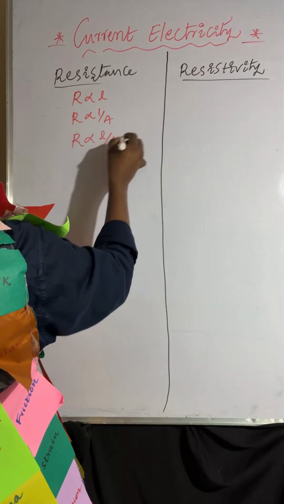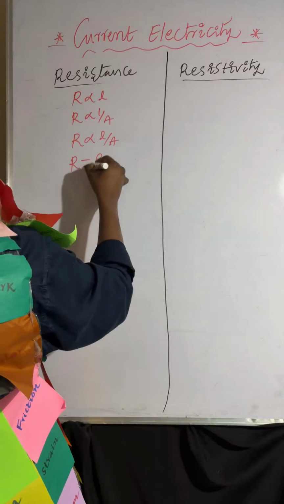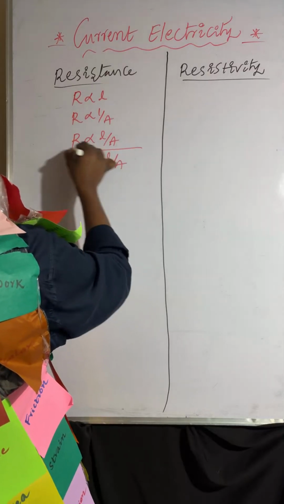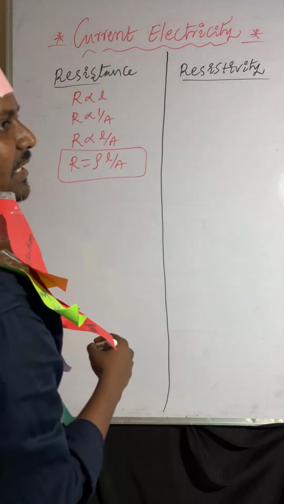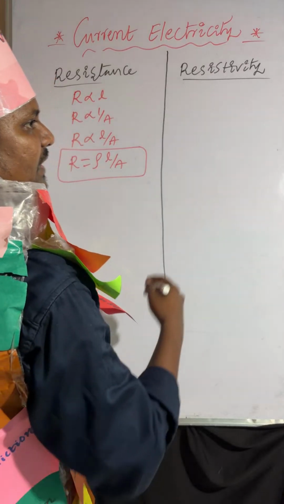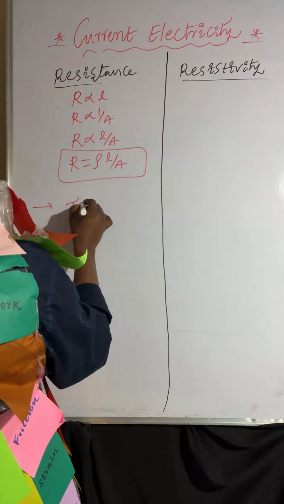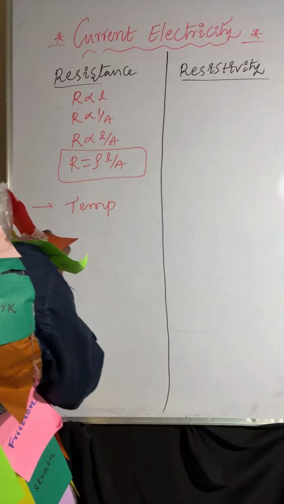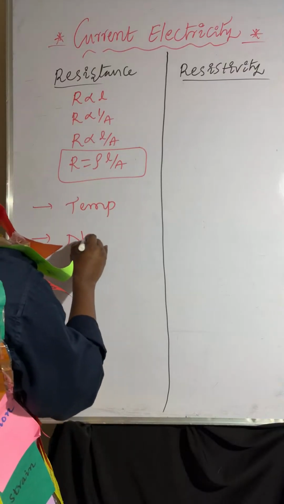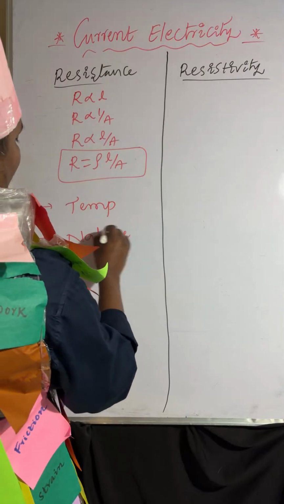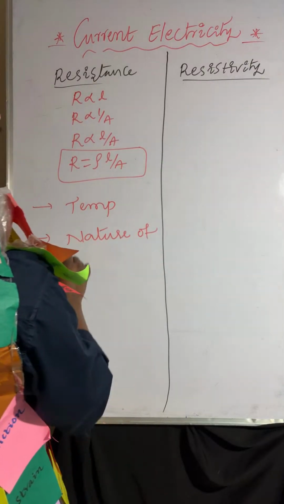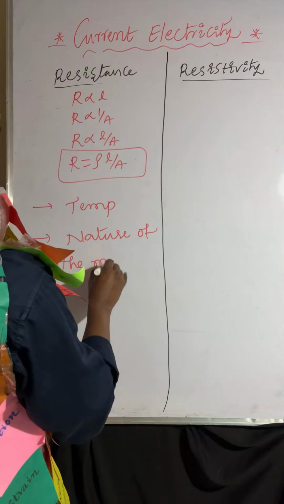R equal to rho into L by A. Rho is the resistivity. Yes or no? Resistance also depends on temperature and the nature of the material.